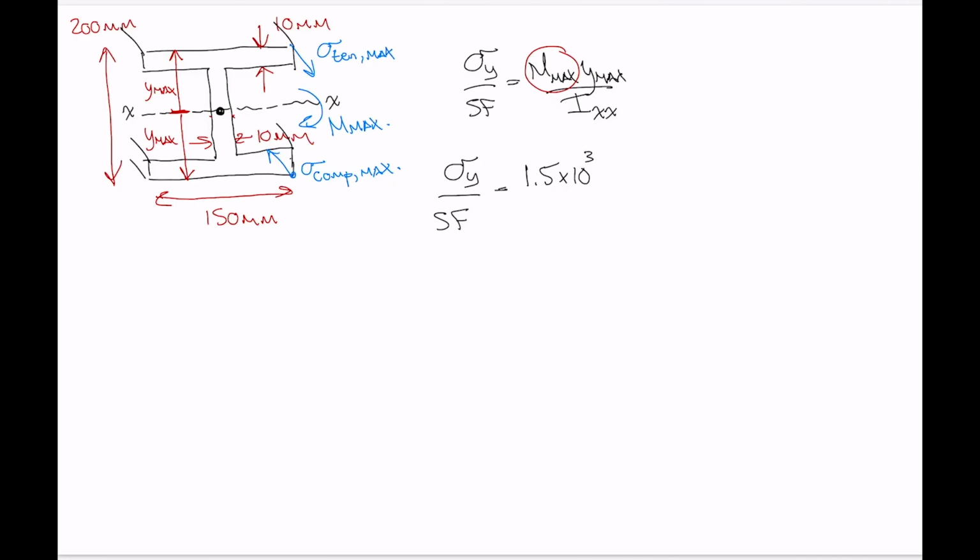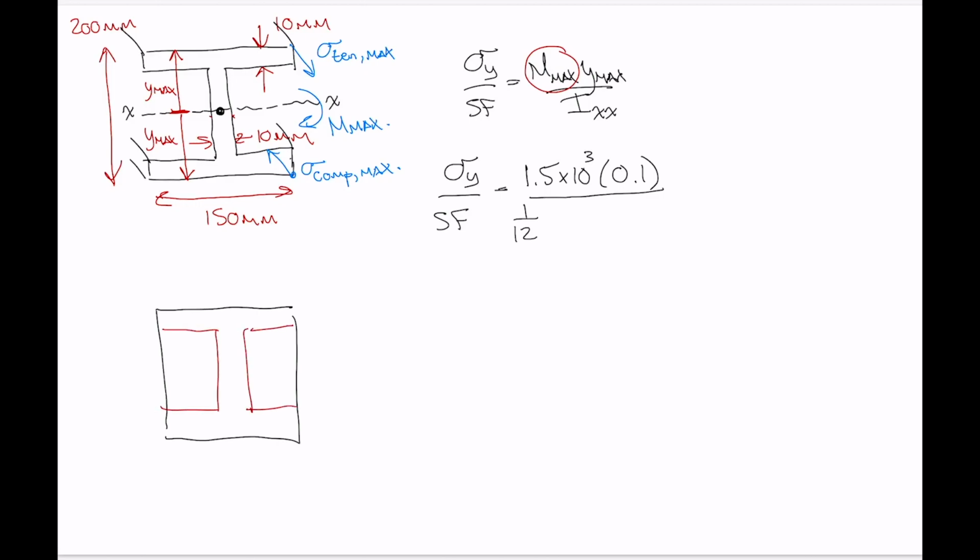So our maximum value of y is 100 millimeters, 0.1 meters divided by I, which is 1/12. And then for I here, we'll take the whole outside again and we'll subtract off these two pieces.